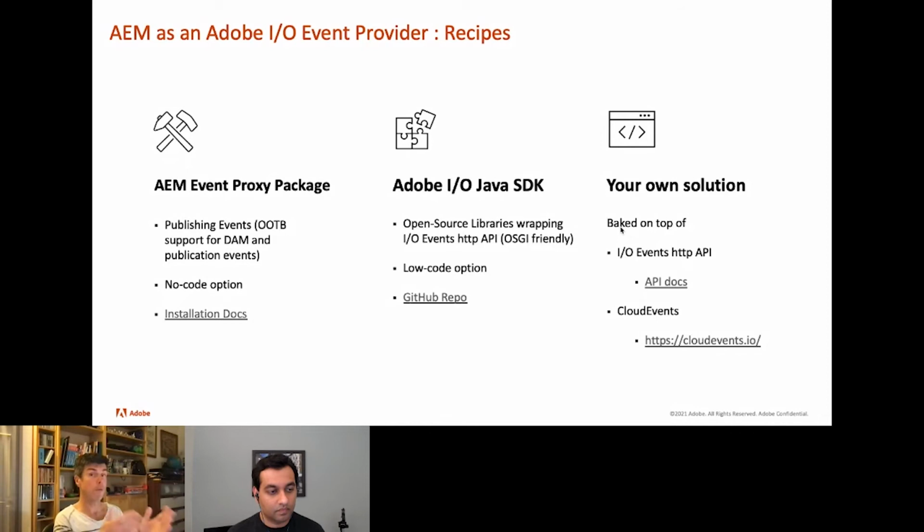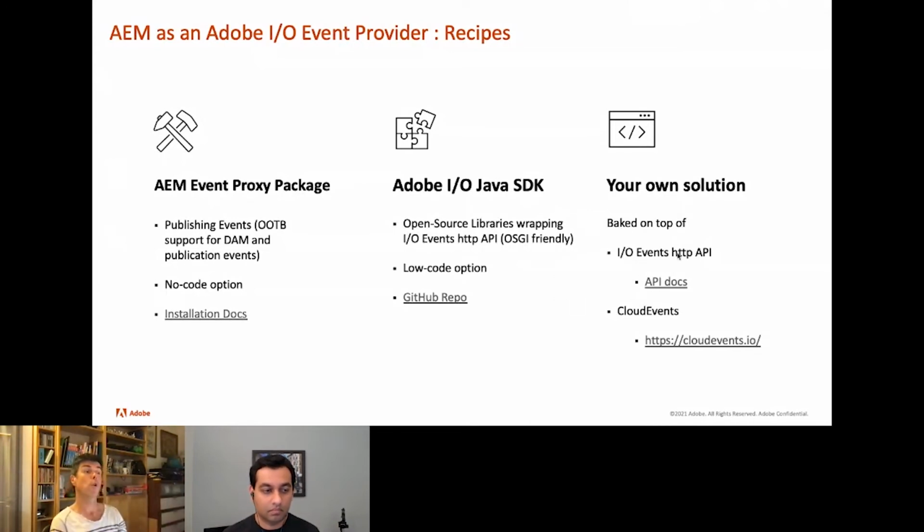If you choose this route, you'll have no code to write, just pure configuration in AEM, and you can see your AEM start emitting events, and you can start building your own event consumers or have your partners build event consumers to listen to AEM events.